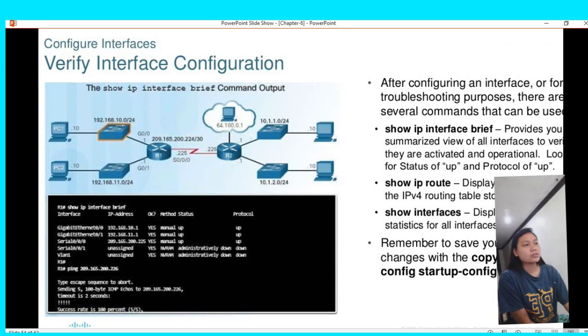This demonstration uses a terminal emulation program to connect to the console of the Cisco 1941 router. Exploring router physical characteristics.